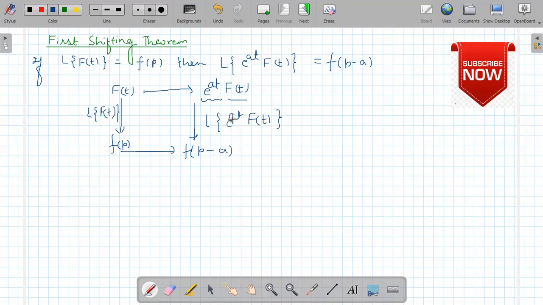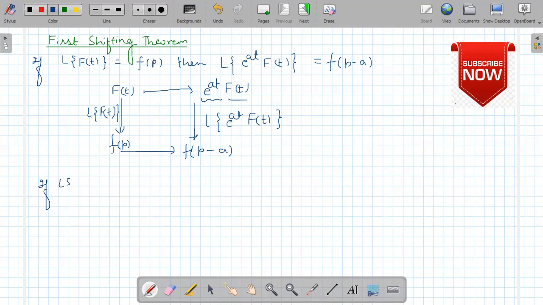So suppose if we have negative a here, then p will be replaced by p plus a. So this is called the first shifting theorem. If the Laplace transform of f(t) is F(p), then the Laplace transform of e raised to the power at f(t) will be F(p minus a). हम इसे नेगेटिव पावर के लिए भी लिख सकते हैं.